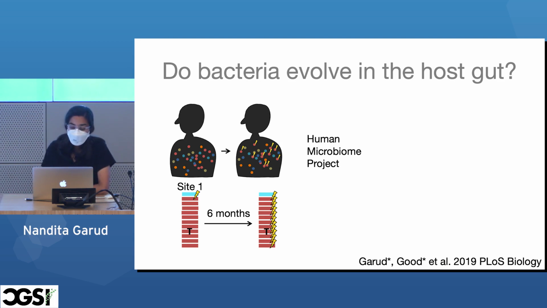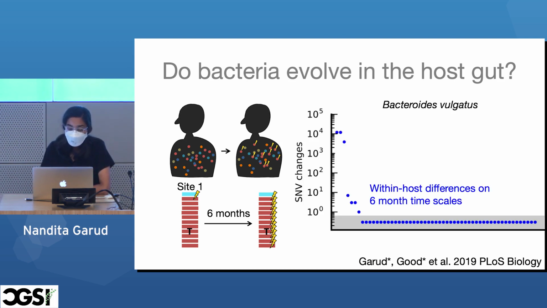And in fact, what we see is evidence for evolution. So what I'm plotting is some data for the species, again, Bacteroides vulgaris. And what we noticed was a kind of a bimodal distribution of SNP changes between these 6 months. So here, these 3 individuals show on the order of 10,000 SNP changes. And these individuals show on the order of 5 or 10 SNP changes. And then you have a bunch of people showing 0 SNP changes.